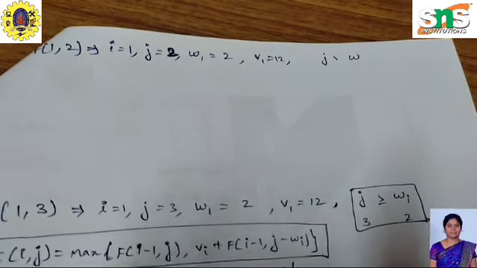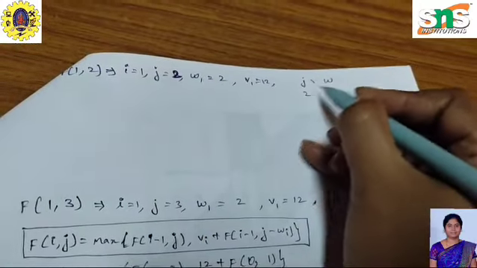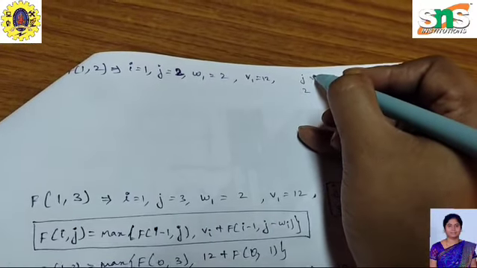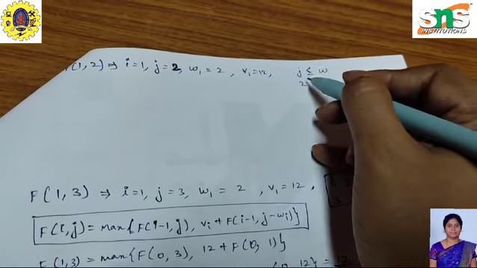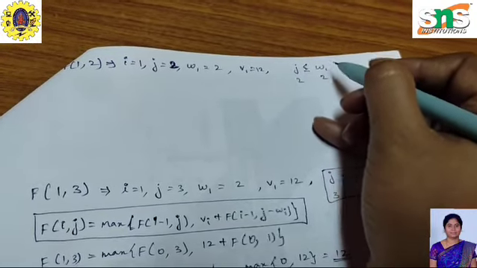Now I have to check that the j value is 2 and the w value is 2. So j is greater than or equal to the weight.